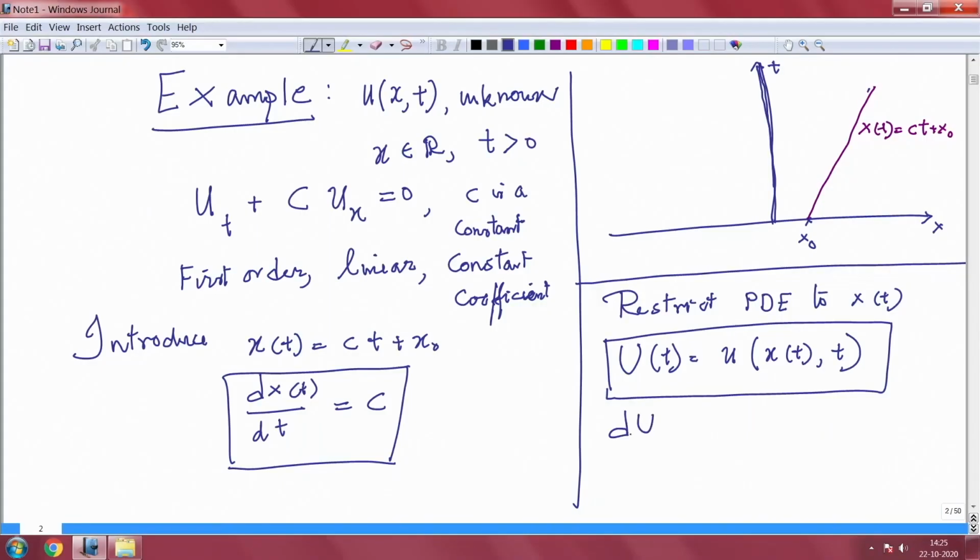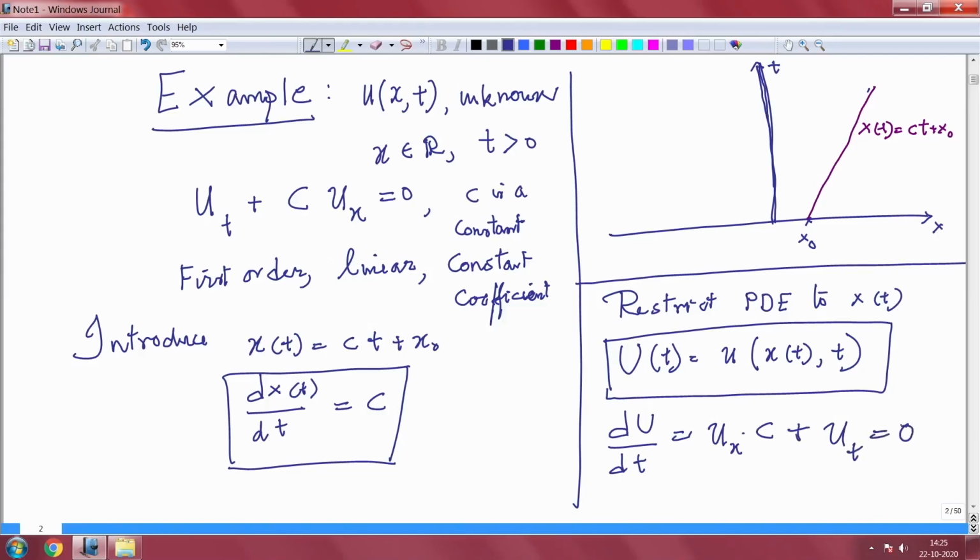So, I want to understand the derivative of u. I differentiate du/dt, that is differentiate with respect to x, but dx/dt equals c, and differentiate with respect to t, and that is equal to 0.